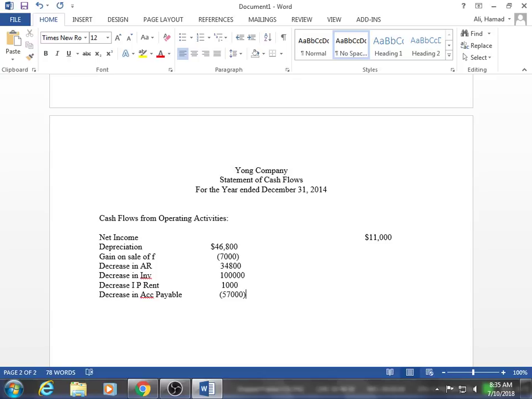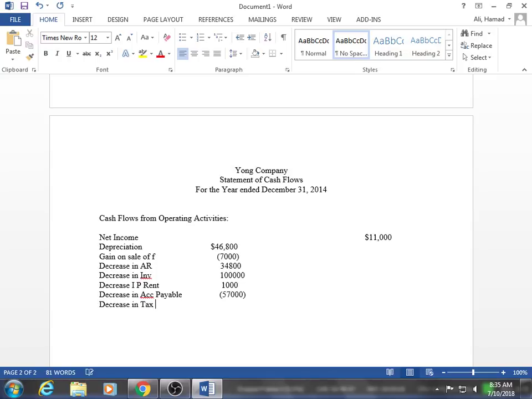Okay, and then income tax payable. Did it go up or down? Down. Is that positive or negative? Negative. That's decrease in taxes payable.